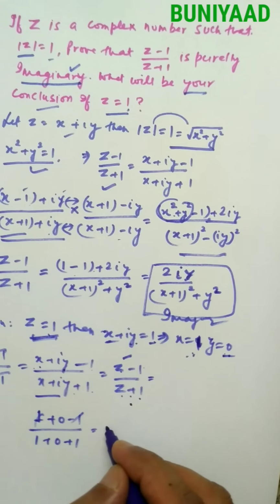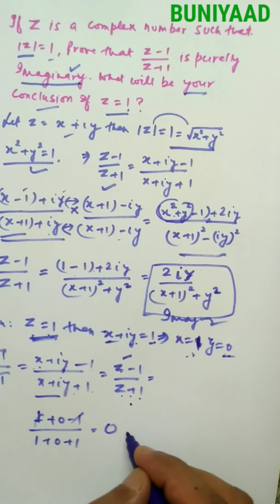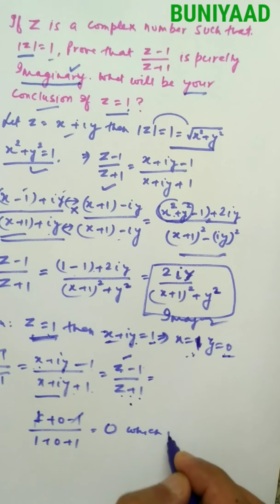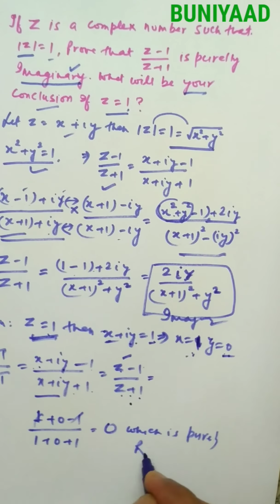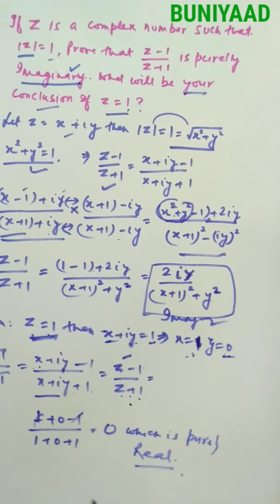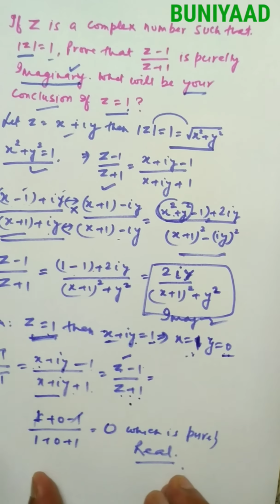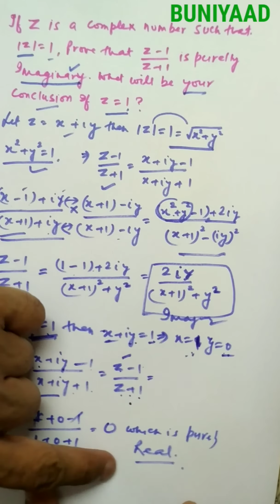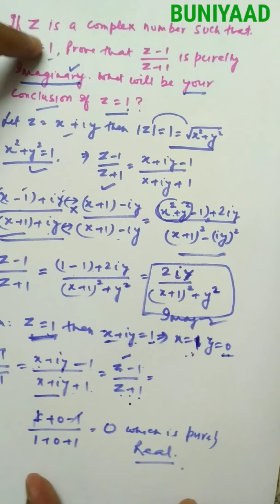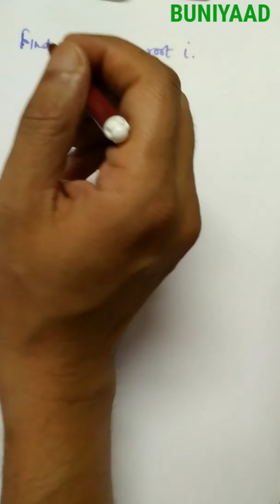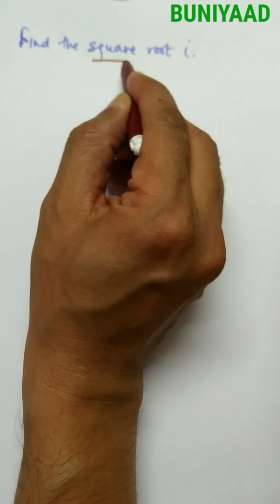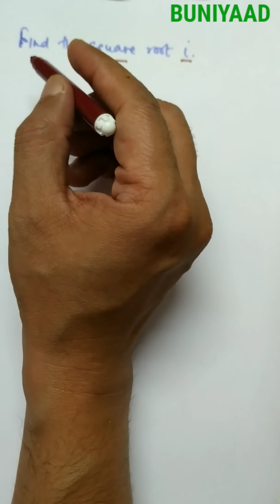It got cancelled, so you got 0, it means 0 plus iota, which is purely real. So in case z is 1, it is purely real, and if mod of z is 1, it is purely imaginary. You have to find the square root of iota, right?